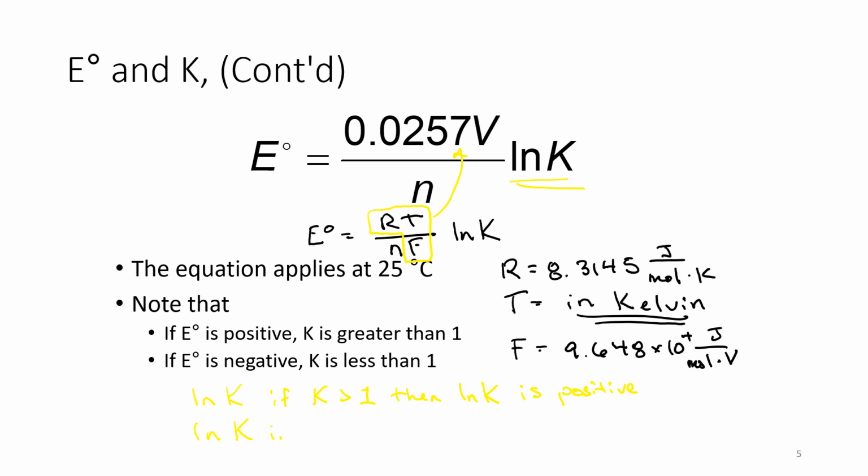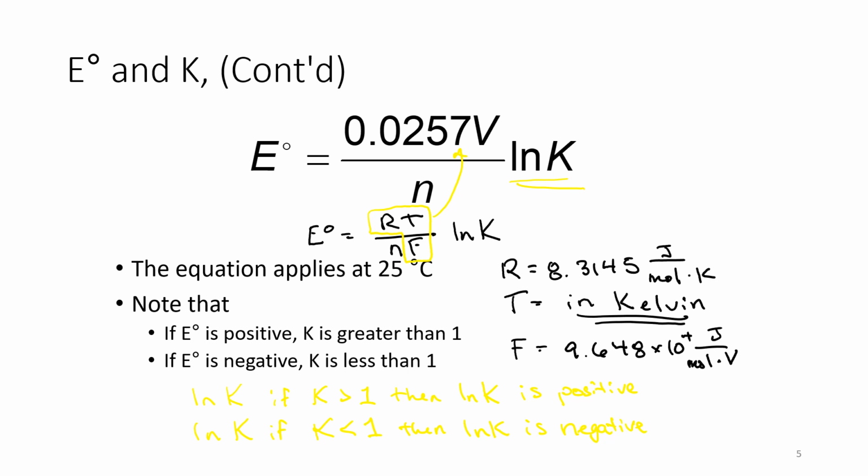If K is less than 1, then the natural log of K is negative. If you don't trust me, try it. Try the natural log of 0.25 or the natural log of 0.5, some number that's less than 1. You're going to get a negative for the natural log of that.